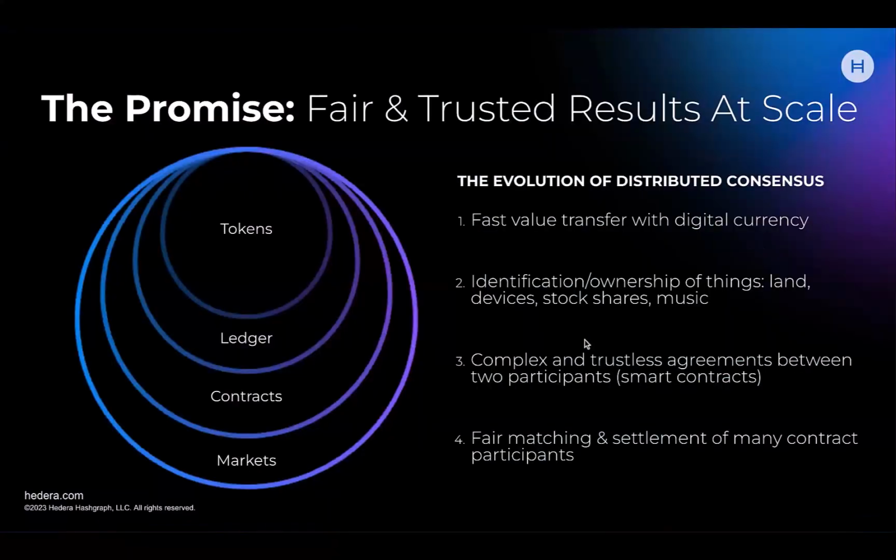So the field of decentralized ledger technology, or some people just narrow it down to blockchain, but just generally speaking, opened up about 15 years ago with a promise, which is fair and trusted results at scale, starting with value transfer. That's the first use case with early blockchains like Bitcoin through digital currency or cryptocurrency.